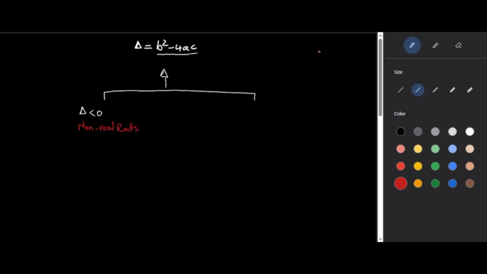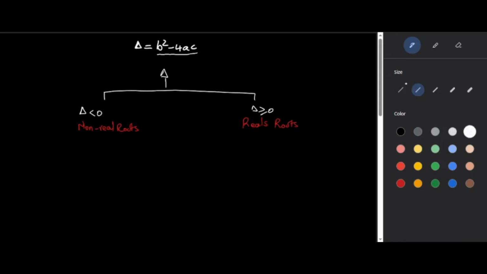And if the discriminant is greater than or equal to 0, then you're going to have what we call the real roots. Please, I need you to move with me on this map. So the nature of the roots will be real roots.